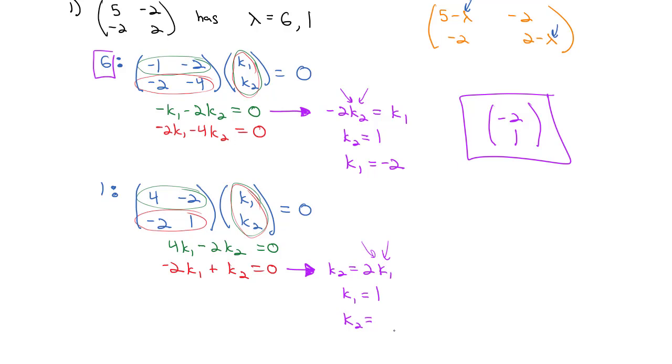The reason for that is explained in linear algebra. For now, just believe me, we do not want a 0, 0 pair. We can have a 0 and another number, but that's not going to work out here. If I pick 0 for k1, I get 0 for k2. But picking 1, 2 times 1 gives us 2, and so my eigenvector that goes with the eigenvalue of 1 is k1, k2, or 1, 2.